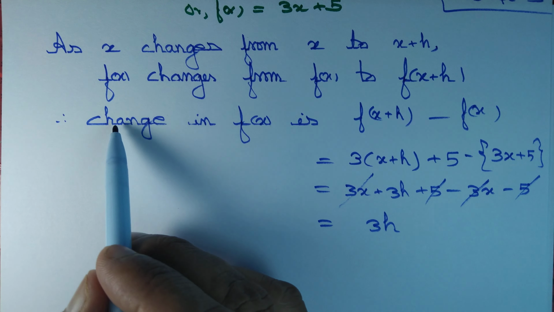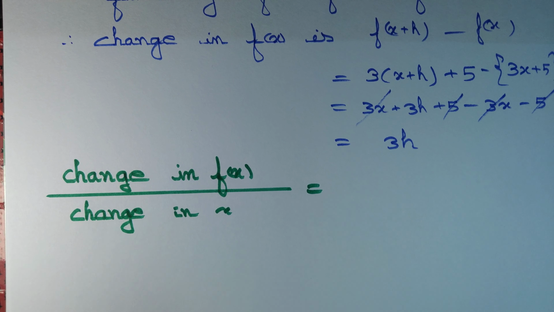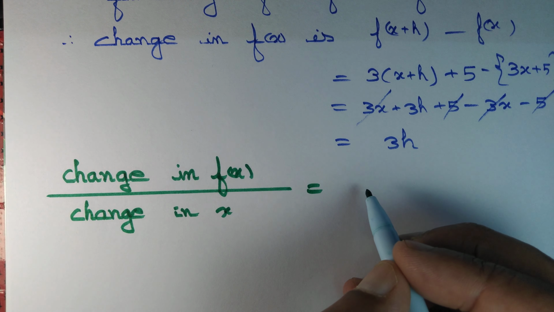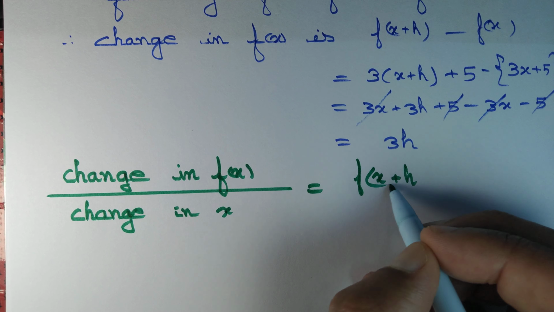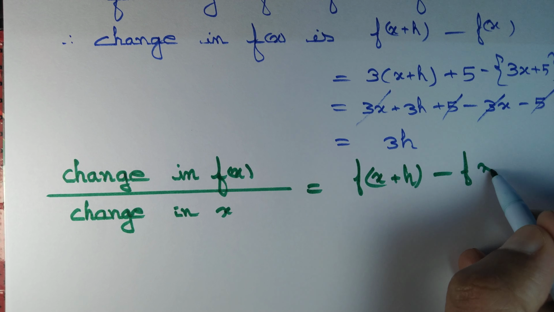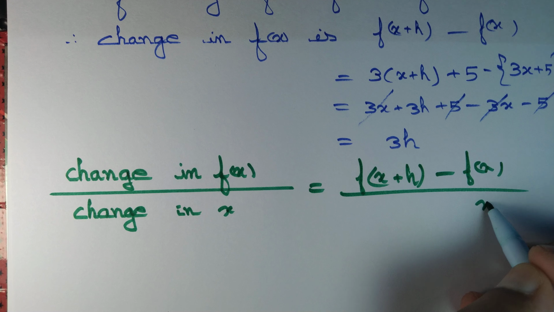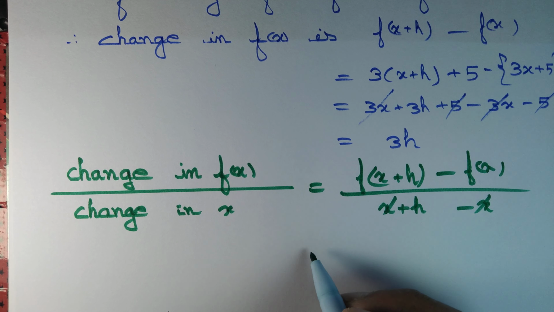So instead of talking about change in f(x), let's talk about change in f(x) divided by change in x. Change in f(x) is nothing but f(x plus h) minus f(x). What about change in x? We are changing it from x to x plus h. So that's simply equal to h.